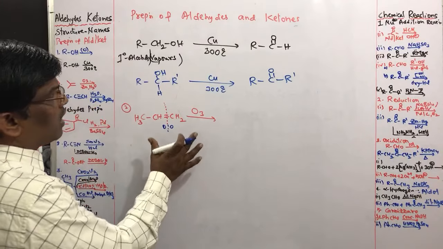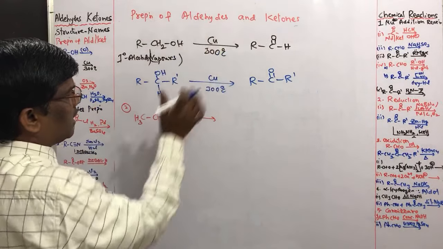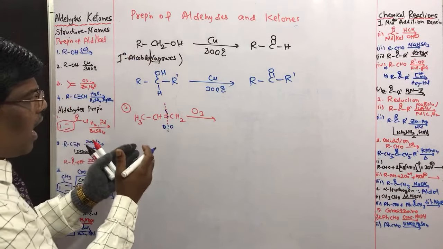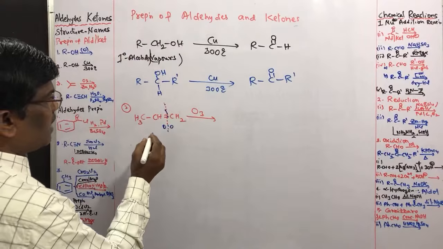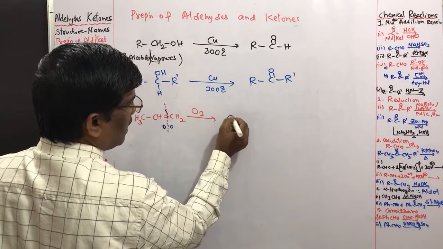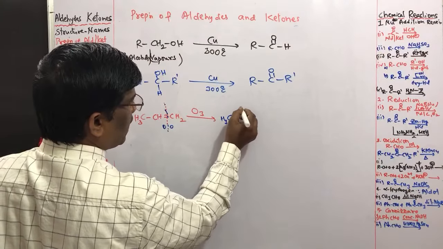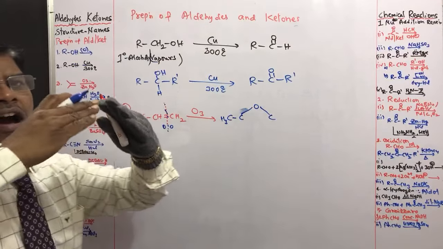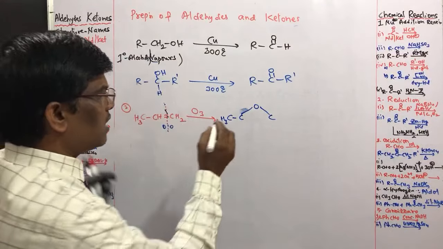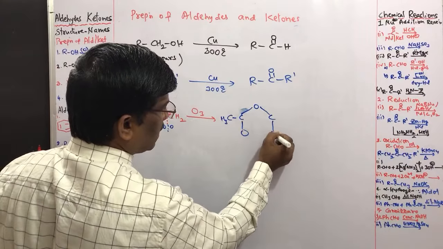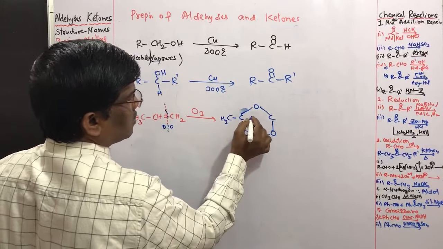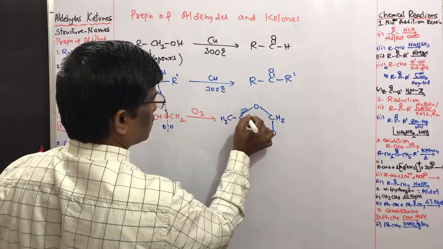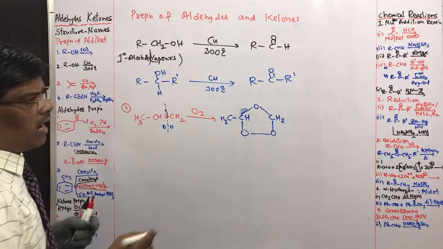Yes, so for our understanding, it is for the preparation of aldehydes and ketones. Whatever compound you get with a double bond, just break the double bond and add oxygen towards the two sides. However, it is going to give ozonide. The ozonide structure is like a hut.